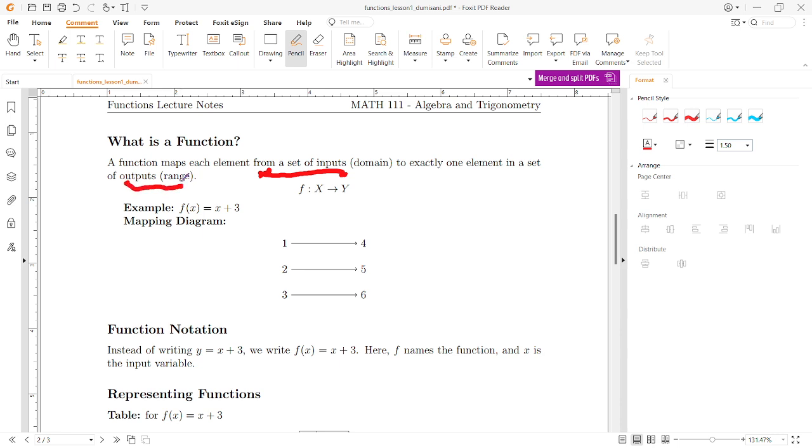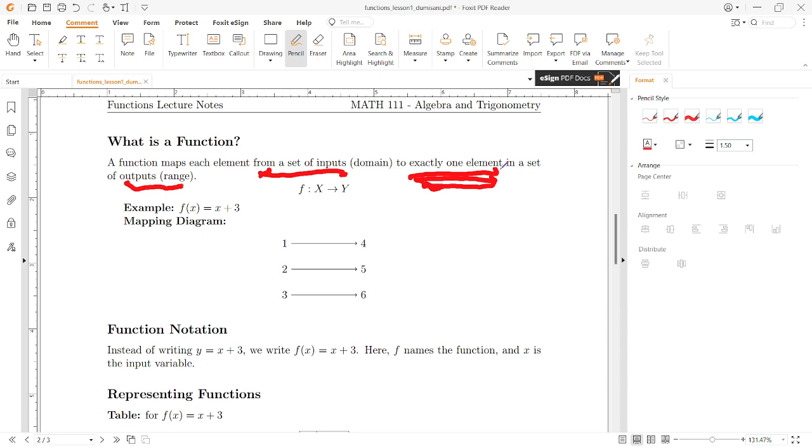I want you to take note of the words exactly one element. It has to be exactly one element in the output.